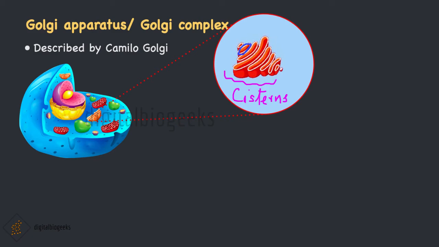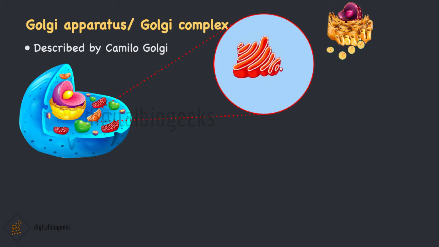We just learned that rough endoplasmic reticulum produces proteins. The Golgi complex is found near the endoplasmic reticulum. The proteins from the endoplasmic reticulum bud off as vesicles from the endoplasmic reticulum's membrane. Some of these vesicles fuse together and form a large vesicle, and this large vesicle gets attached to the Golgi complex.